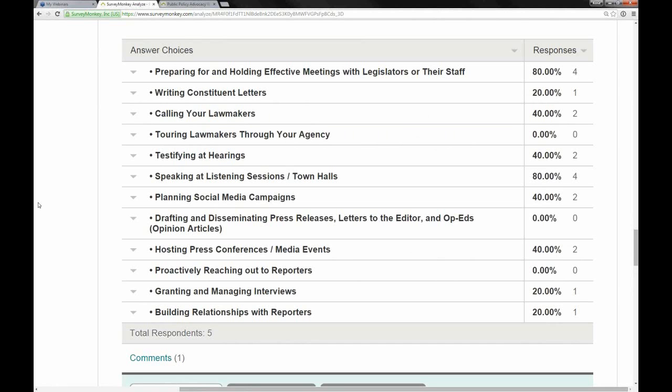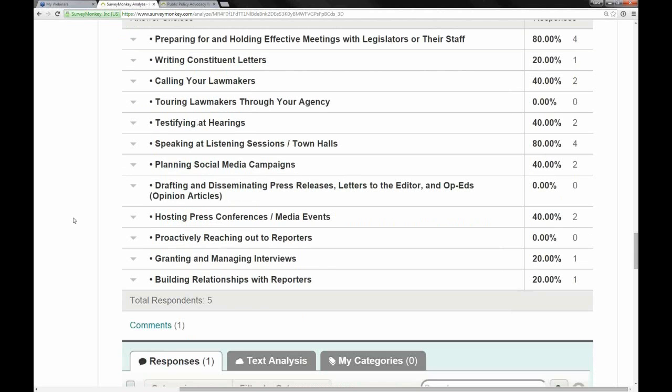And then 40% said calling lawmakers, testifying, planning social media campaigns, press conferences, media events, etc. Apparently nobody wants resources or training on proactively reaching out to reporters, and that's okay. Reporters can be scary. Or on drafting and disseminating press releases, letters to the editor, and op-eds, or touring lawmakers through your agency. I guess that doesn't take a whole lot of resources, but that's helpful.